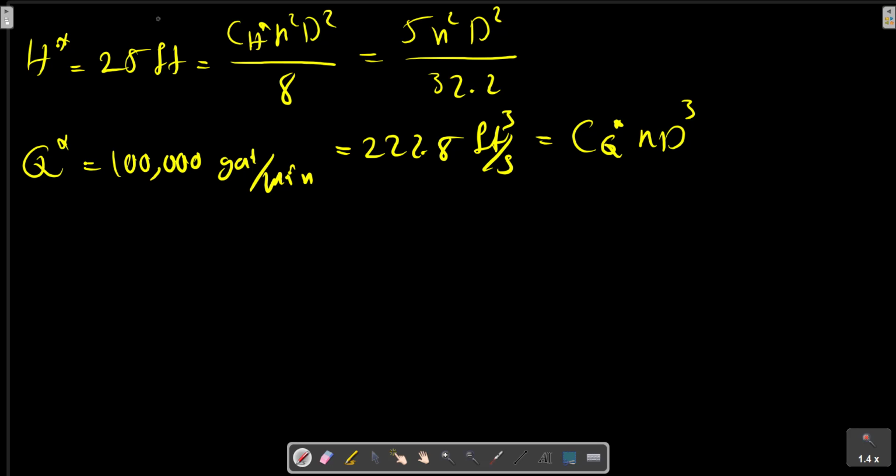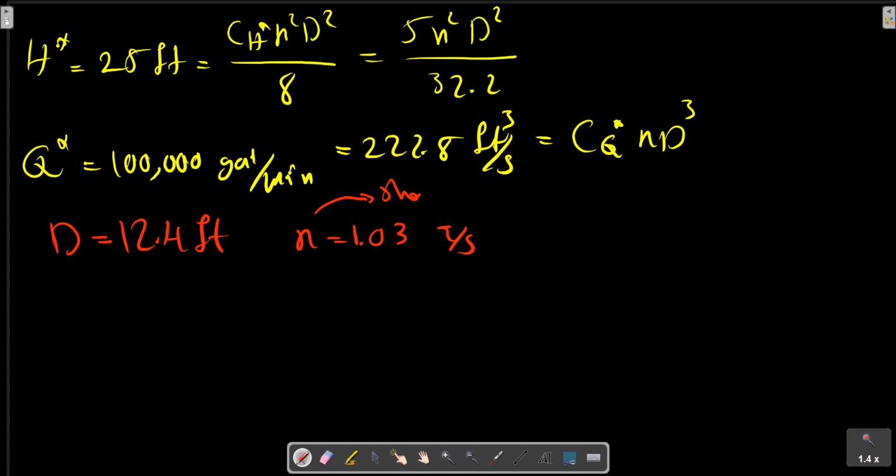So we have two unknowns, N and D. We can calculate D. This is the omega in radians per second, the shaft angular velocity.